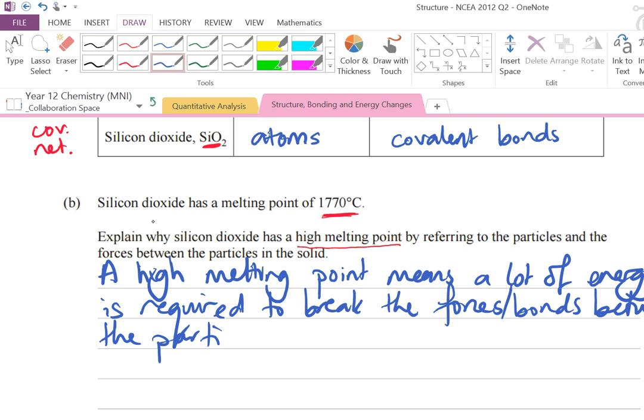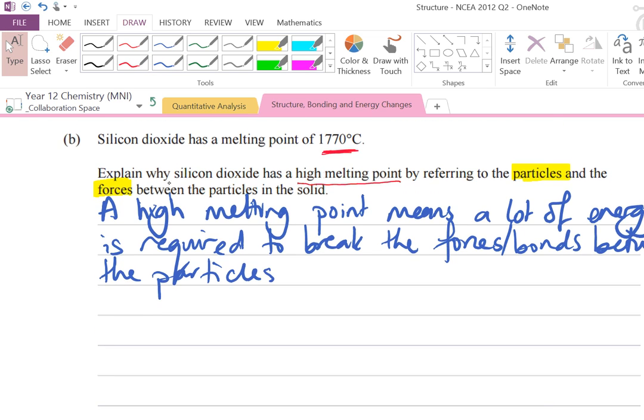And that's linking to our question because the question says quite clearly, whoops, sorry, it's meant to be on highlight, not on pen, particles and forces. Okay, so I have to link to those.